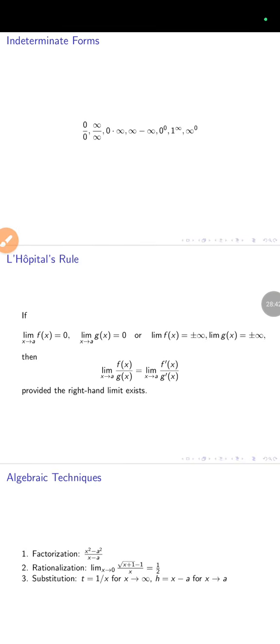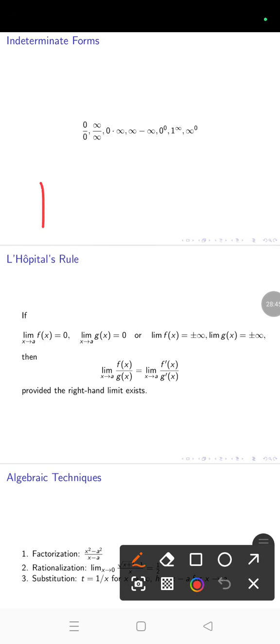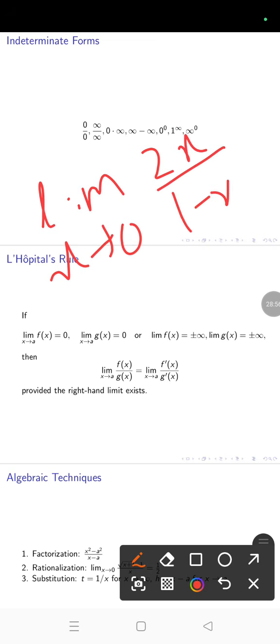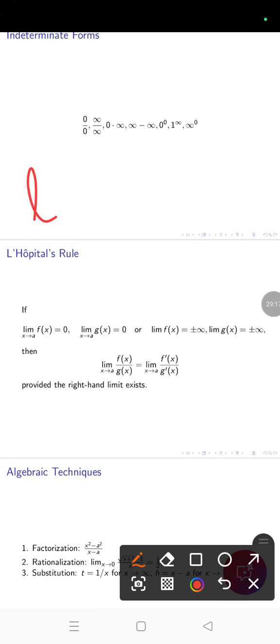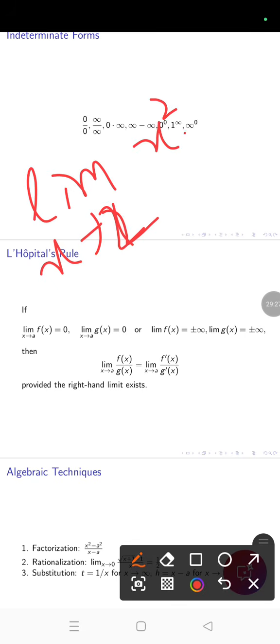Okay, so you can give some example here. Suppose we have to calculate the limit as x tends to 2 of x square minus 2 square divided by x minus 2.